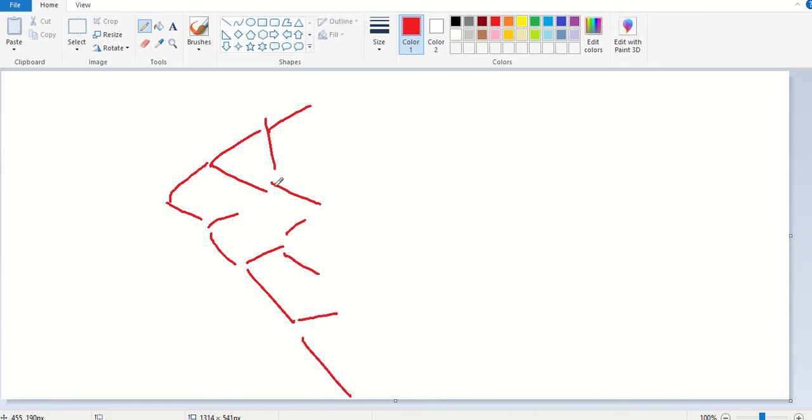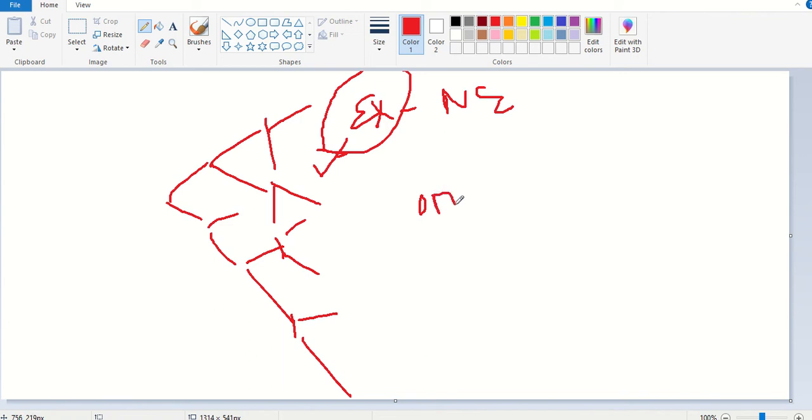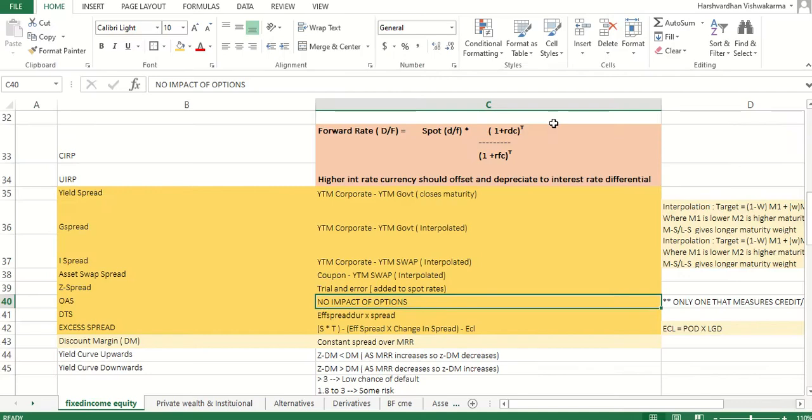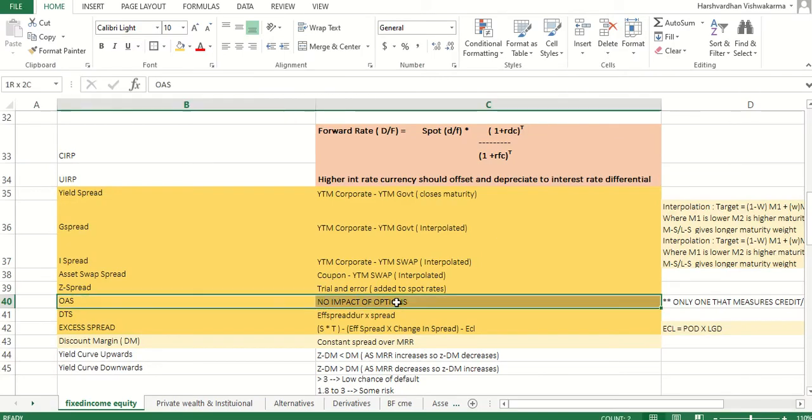So at each node, we are taking the probability of the option either being exercised or not being exercised, right? If the option is already exercised, that means option adjusted spread already has the impact of options. So you don't need to add it back.